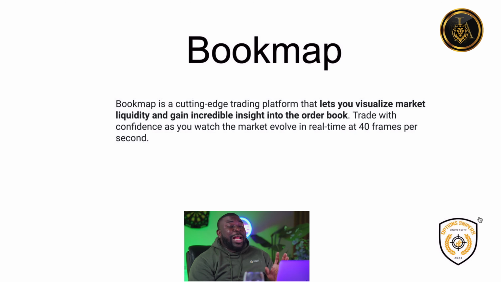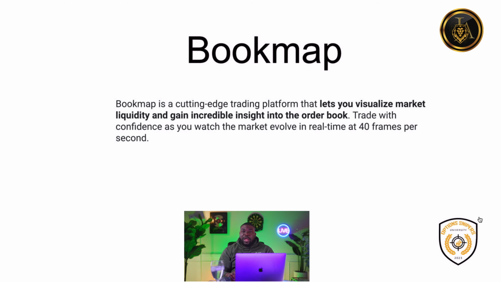First thing you need to understand, guys, is that Bookmap is a trading platform that lets you visualize the order liquidity and gain incredible insight into the order book. So what is the order book? I told you guys that the market is an auction process, and there's an order book called time of sales in level 2 that tells you how many orders are being placed, who's placing the order, and how many lot sizes or contracts are being bought of that particular stock.